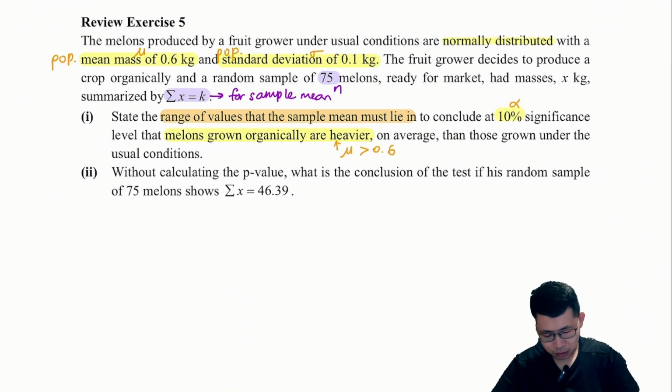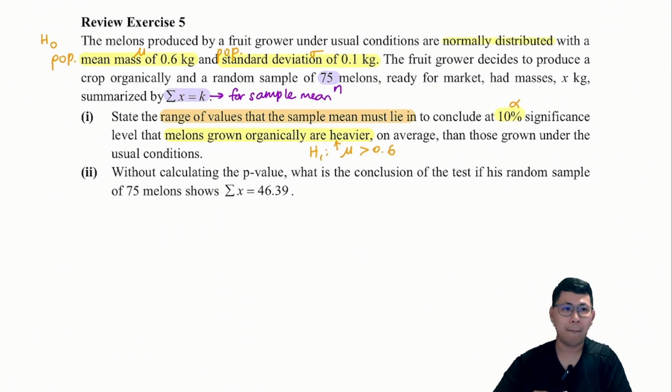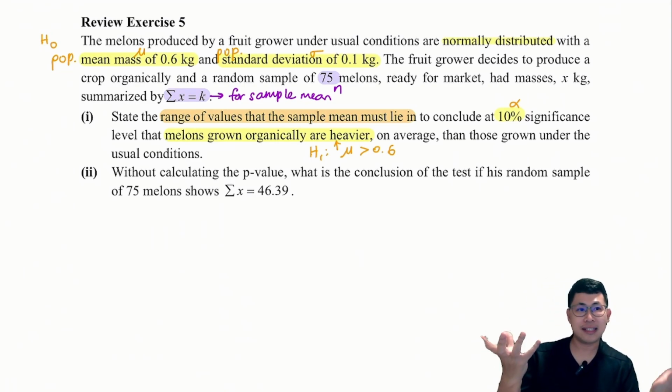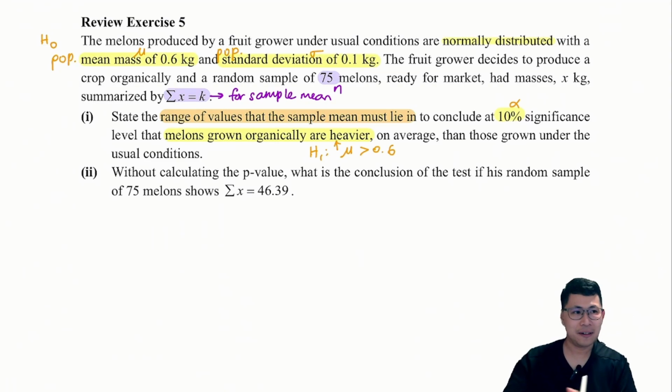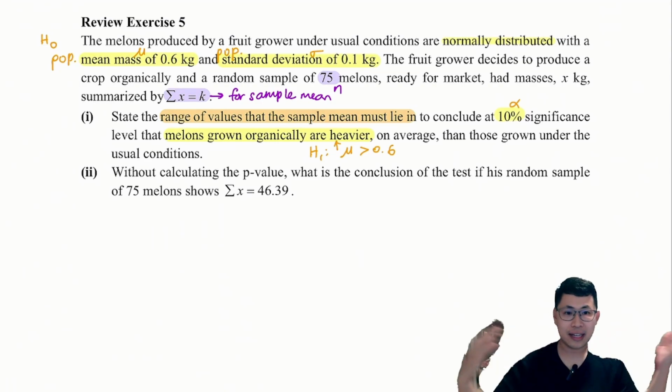This would form our alternative hypothesis, and this would be our null hypothesis on top. From here we can roughly see which one to look at already. On average, heavier than those grown under the usual conditions. Now for this question, everything is given to you except for the sample mean.